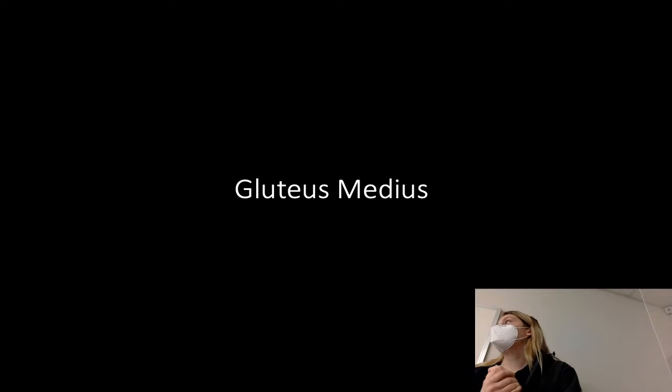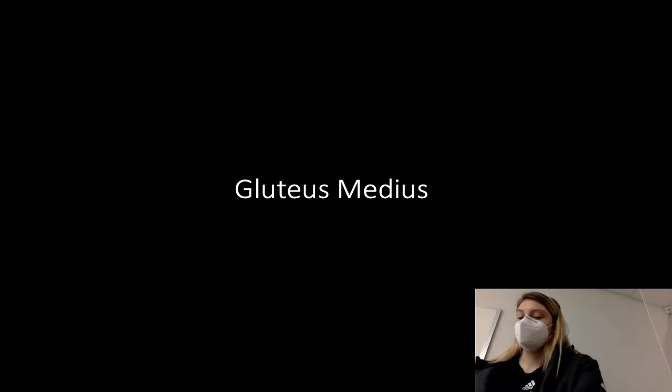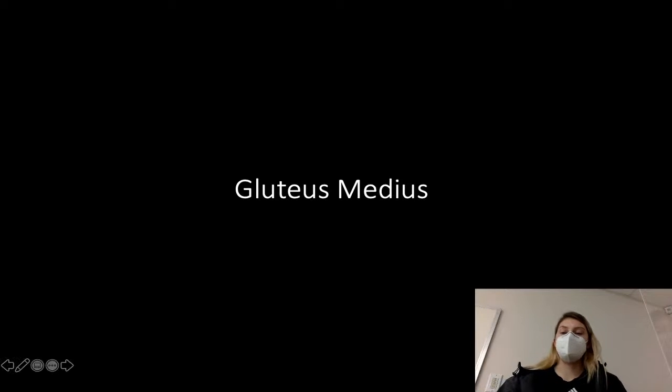So, do we know where the ilium is? Posterior ilium. So that's kind of butt region, right? Underneath the iliac crest. Gluteus medius. Correct. 500.